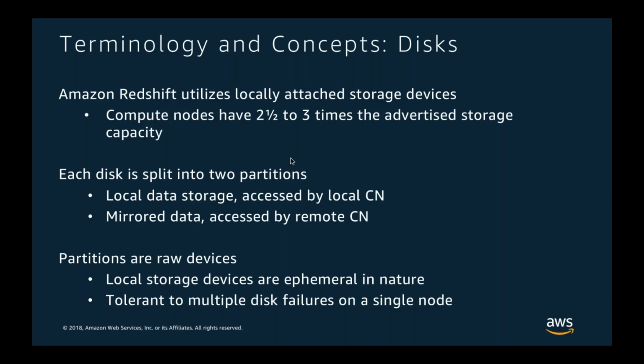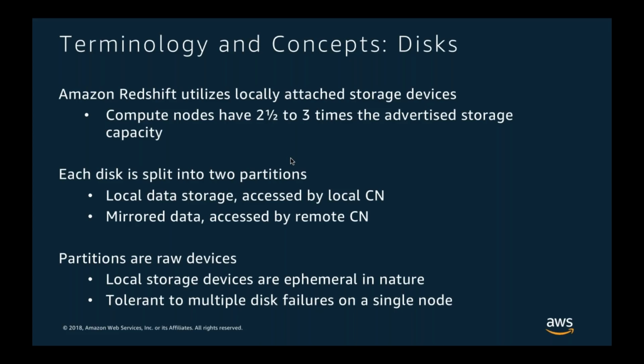But behind the scenes for that particular compute node, we are provisioning typically 2.5 to 3 times that advertised storage capacity, right? Why? Because each compute node holds its own local data, whatever it's supposed to hold, but it also holds the mirror copy of another compute node.